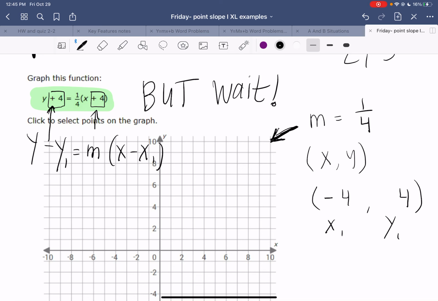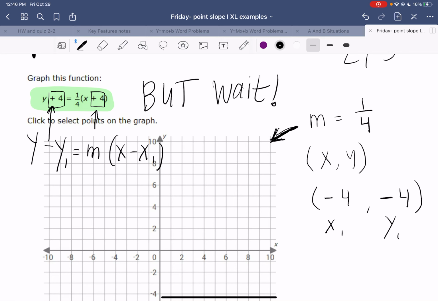So I guess I should be looking at this. For this x1 to be positive in this equation, it has to have started as a negative. And the same thing is true about my y: in order for it to be positive 4 in the last equation, it would have had to start as a negative 4.